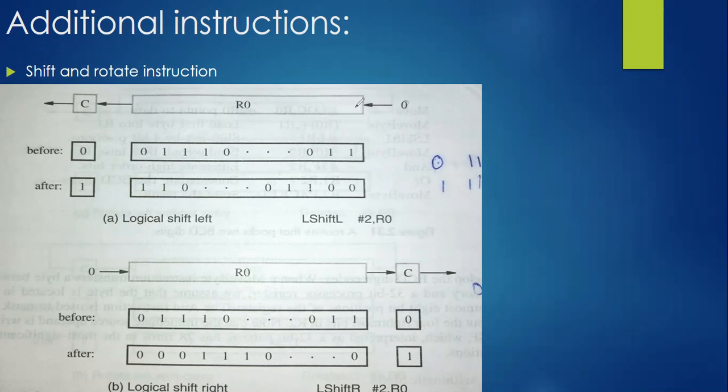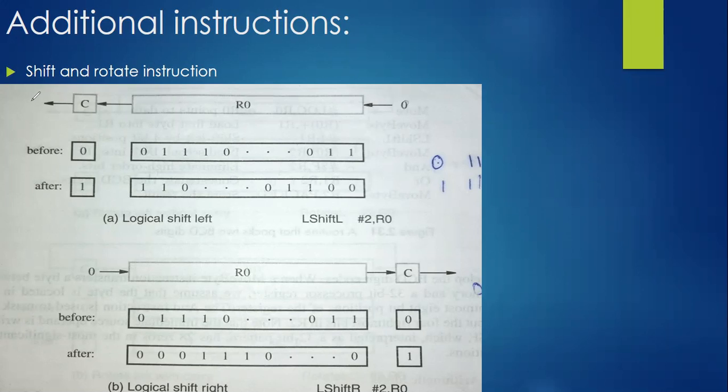If I want to move the value of R0 towards the left, then from the right-hand side end we need to stuff some values. What are those values? Zeros. Whatever is shifted out of R0 goes to the carry. Sometimes the carry should be considered, sometimes it will be discarded.